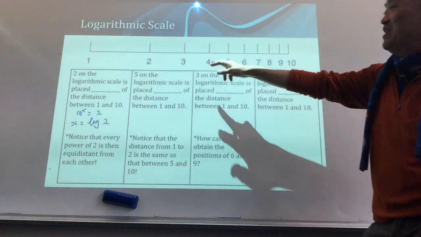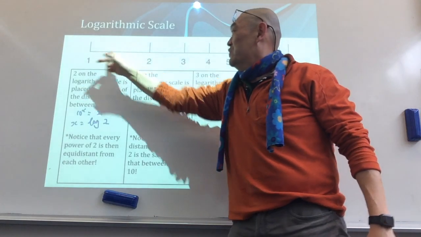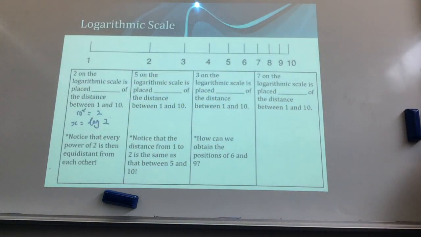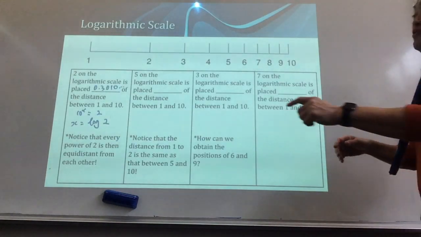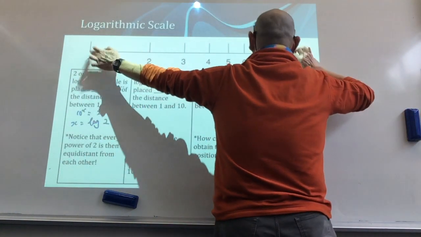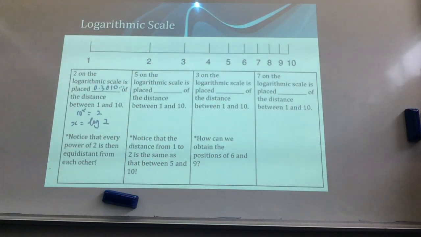So 10 to the power of x is 2, so x is log of 2. This point here, if it is log of 2, would be 0.3010. So the distance from here, it occupies 0.3010. Got it? Happy with that?